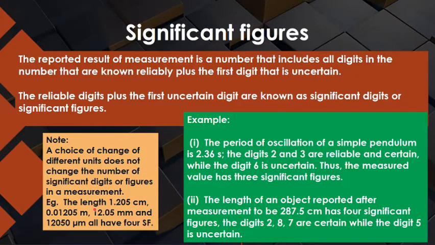Like if you are measuring 1.205 centimeter, or I may write it as 0.01205 meter, then the number of significant figures is the same, that is 4. So that should be noted by you.